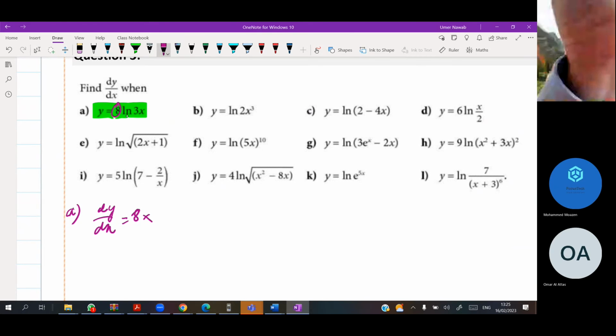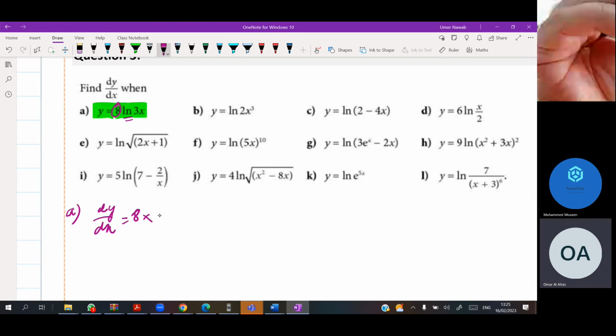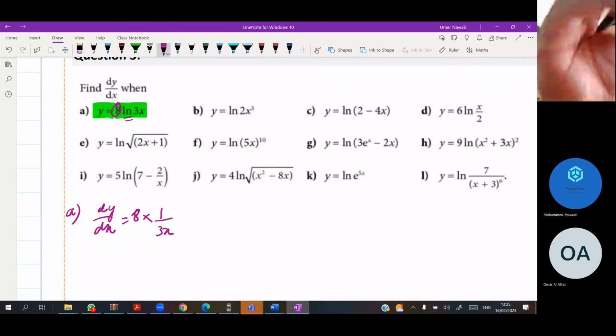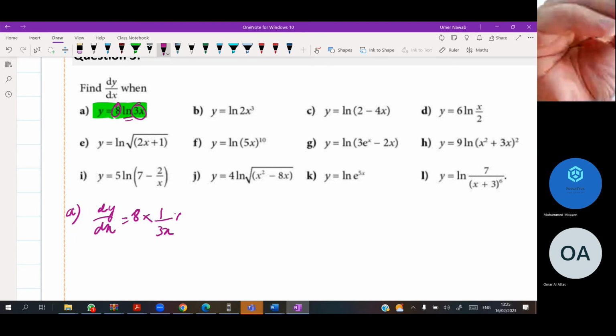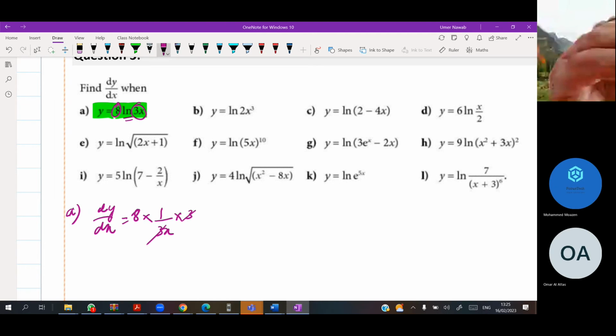Then you need to reciprocate your argument, so 1/3x. Whatever argument you see, you reciprocate that. And then don't forget the chain rule: you need to take the further derivative of 3x, which is 3. So 3 cancels, and I'm going to get 8/x as the final answer.